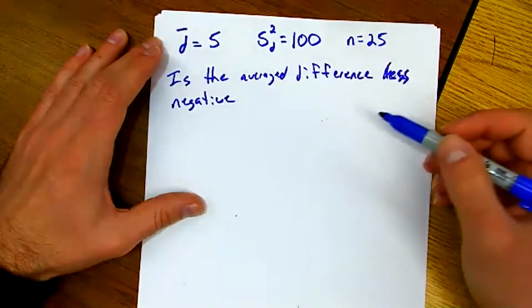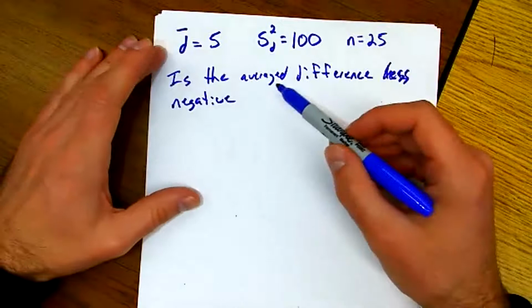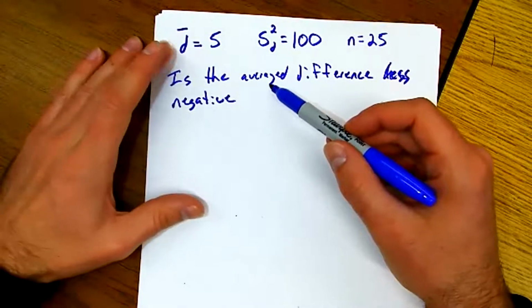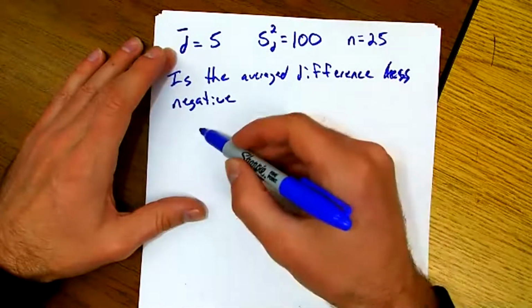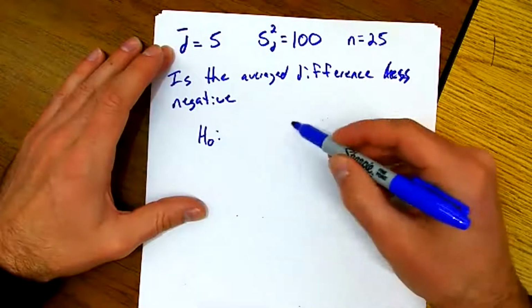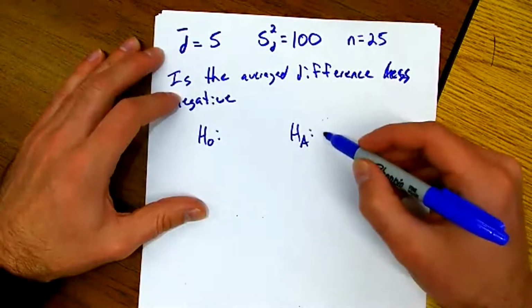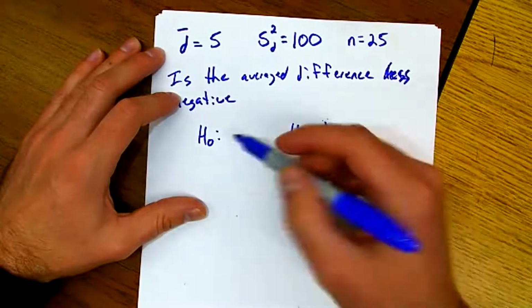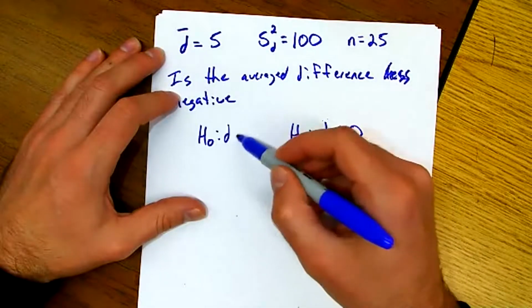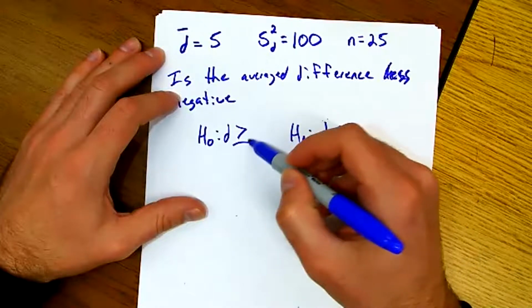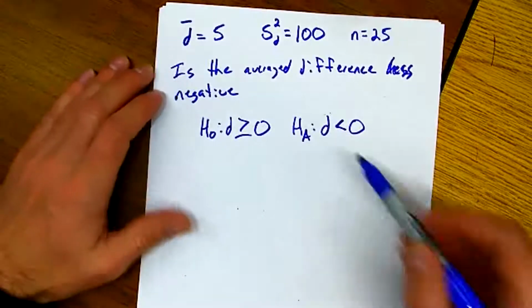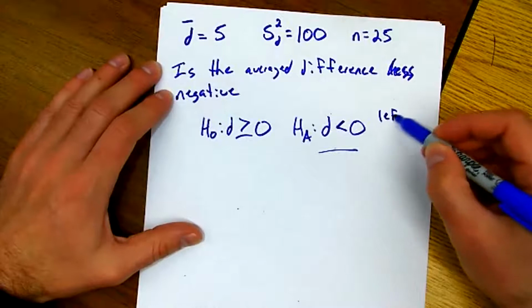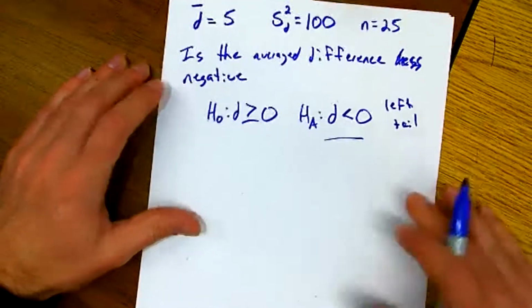Or have things changed such that this has gone down? So what we want to test for is whether or not the true difference is less than 0, or negative, which means we'll assume that it's greater than or equal to. So we've got a left-tailed test, and I did this for a reason. We'll see why.